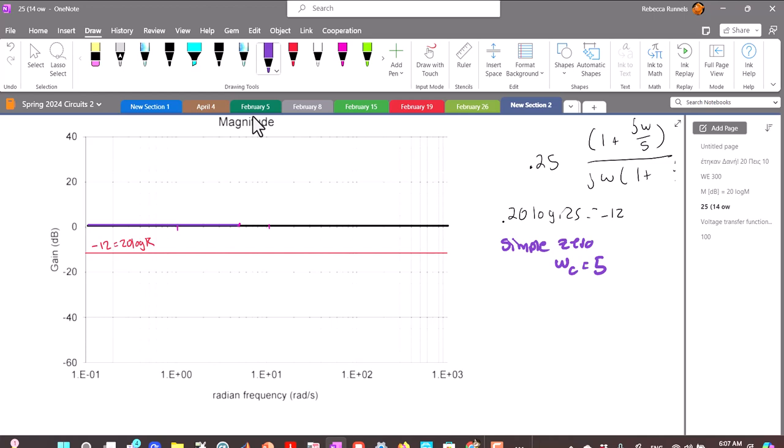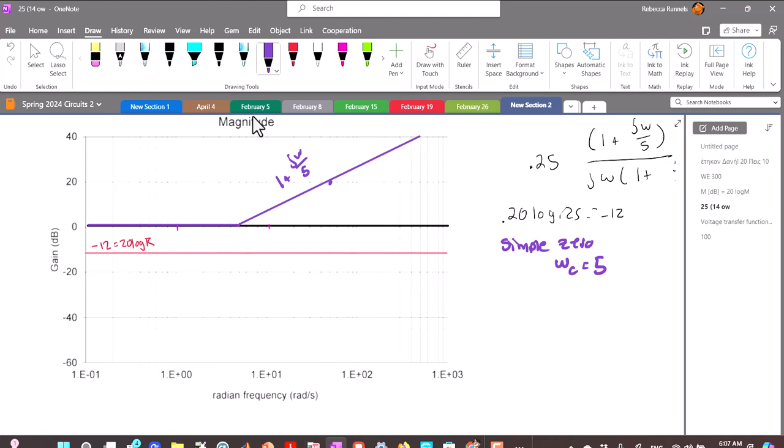So I'll go to 2, 3, 4, 5 right here. And that would be this line. So this is 1 plus j omega over 5.